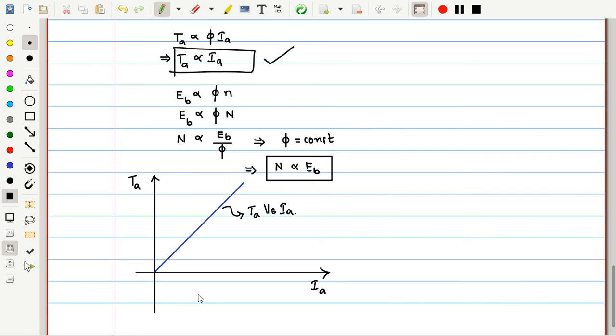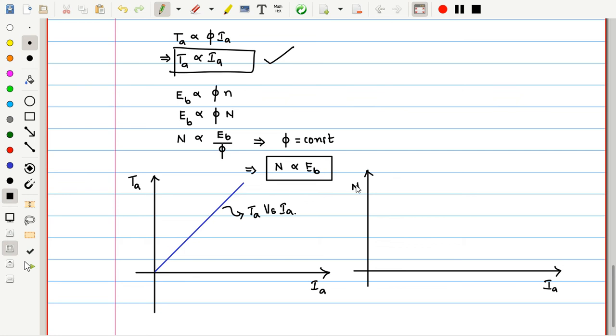So next, let us take the speed versus current. This is again current on the x-axis, but now I would like to take the speed.